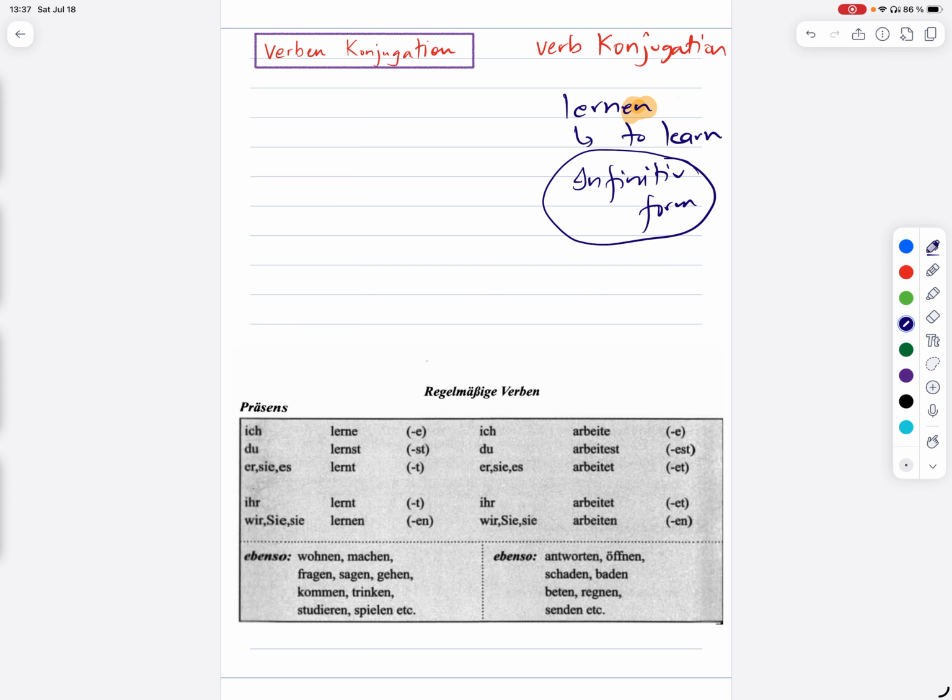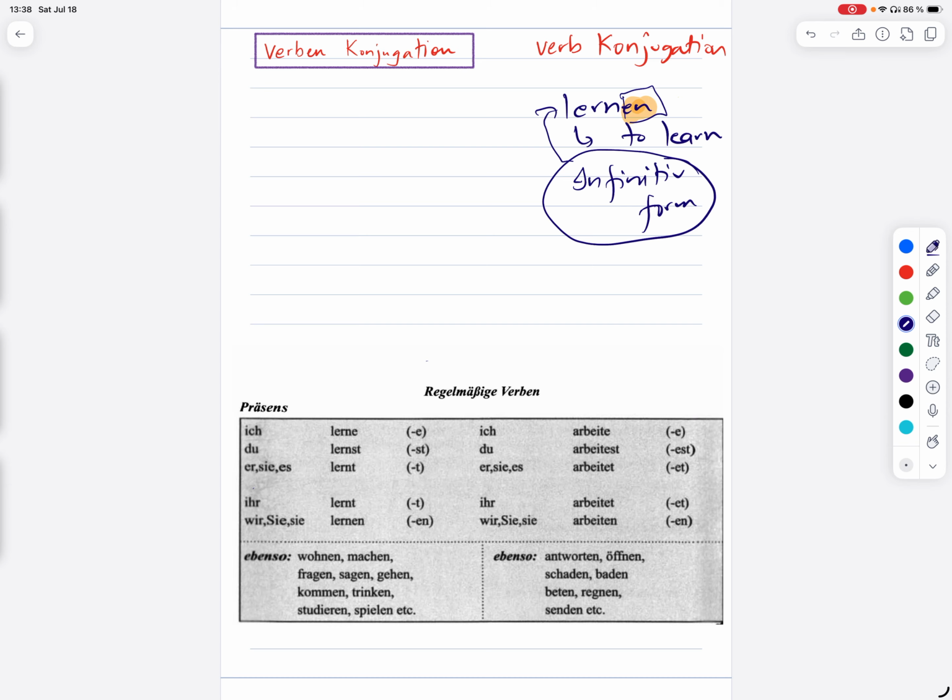All the verbs exist in this form with an en ending. You will see, for example, wohnen, machen, fragen, sagen, gehen. All these verbs end with en. These are the original or infinitive forms of the verb which you will always find in German.